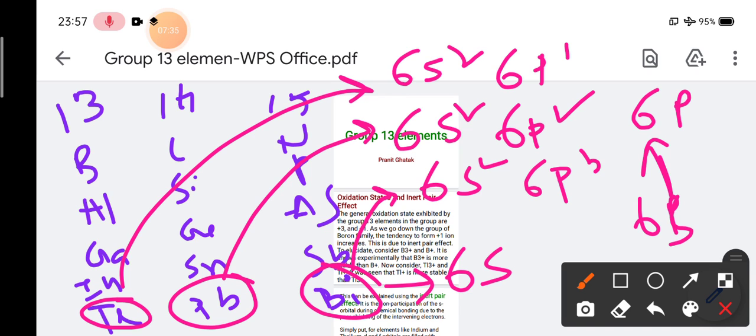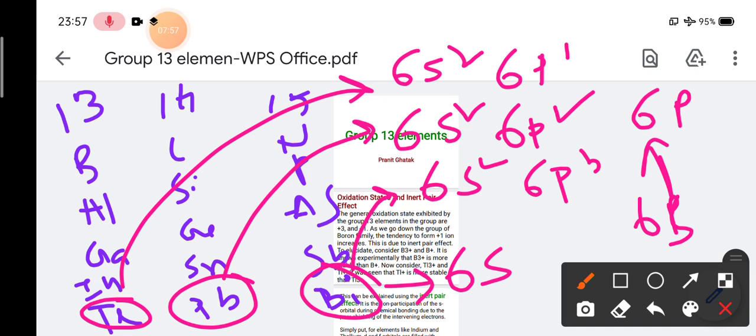Not only for group number 13, it is the same for groups 14 and 15, that is for lead as well as bismuth. The electrons of the 6s orbital cannot participate in bond formation as they are deeply seated.